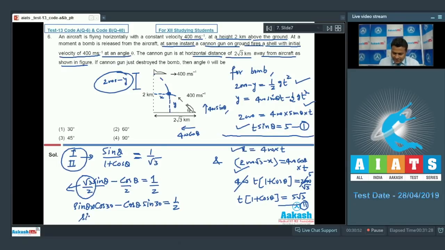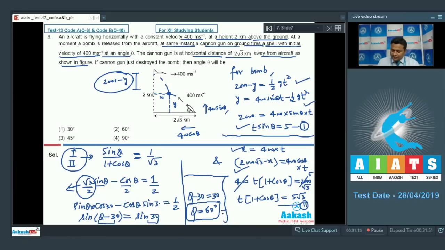So we'll get sin theta minus 30 as 1 by 2, that is sin 30. Now equating the angles, we will get theta minus 30 equals 30. Therefore theta will be 60 degree. So if the cannon is projected with an angle 60 degree, then surely it will hit the bomb. So we'll go with option number 2, which is absolutely correct.